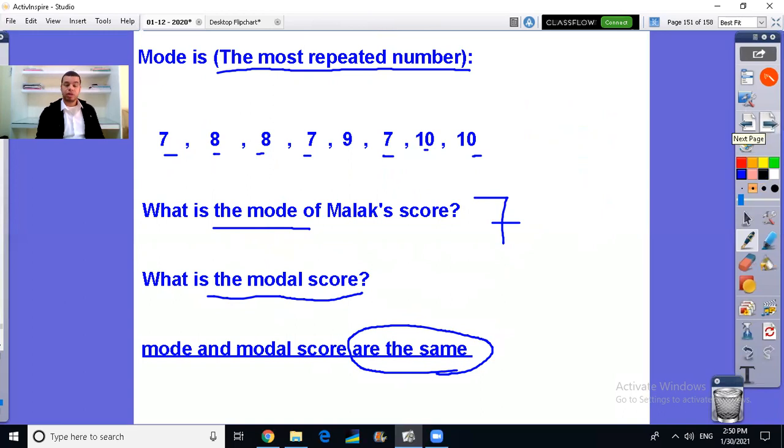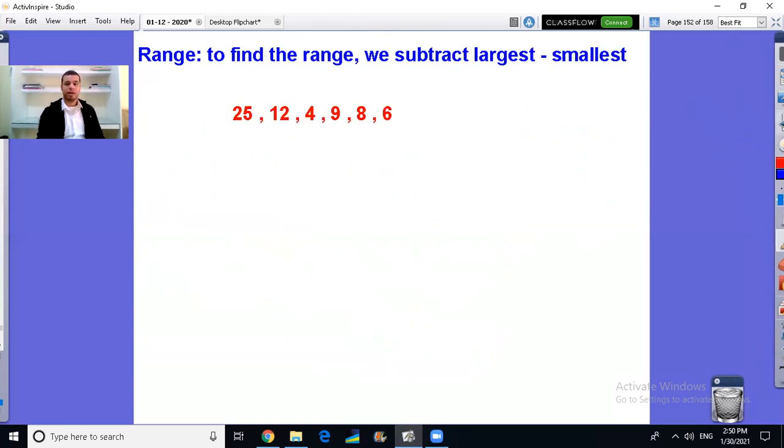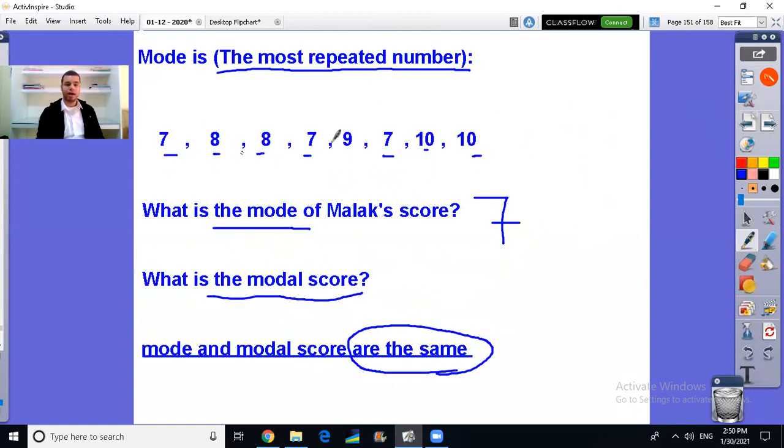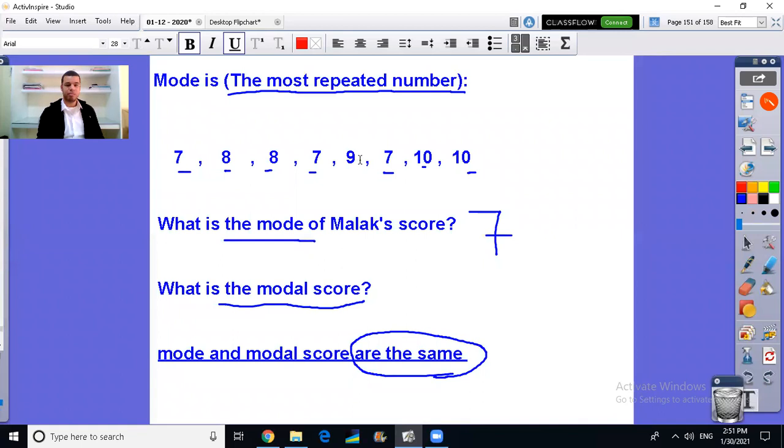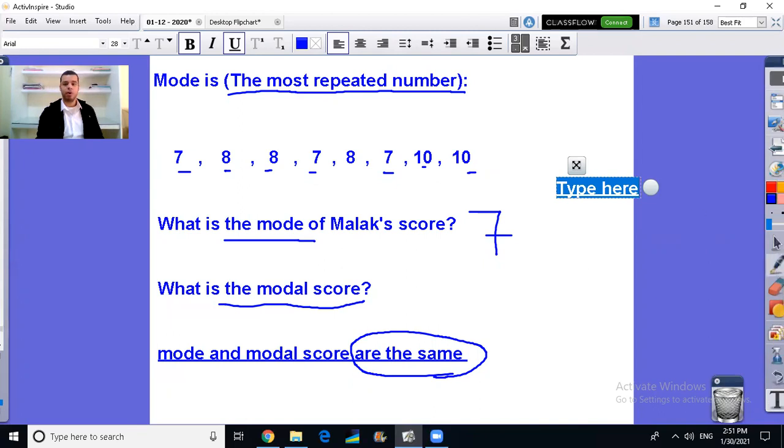One of your classmates asked me today, what, mister, if we have more than one mode? Like if I change one of the sevens, I change this 9 and I write here 8. Now I have 3 sevens and I also have 3 eights. Which one is the mode? Both of them.